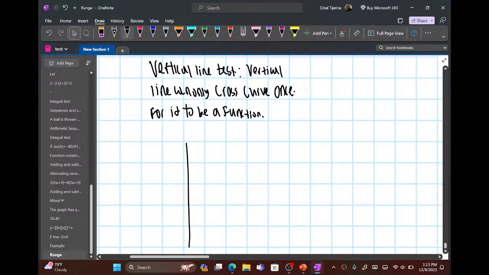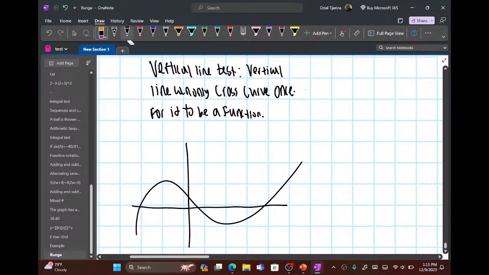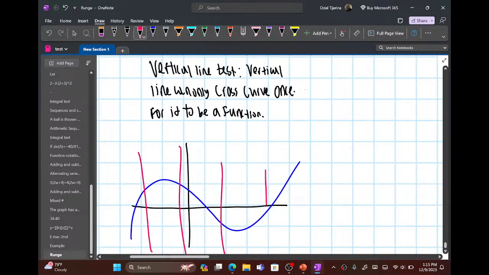So an example of this just means if we have some kind of curve here, we can clearly see that if we draw vertical lines all over, it crosses here, here, here, here. It only crosses it once, so this is a function.